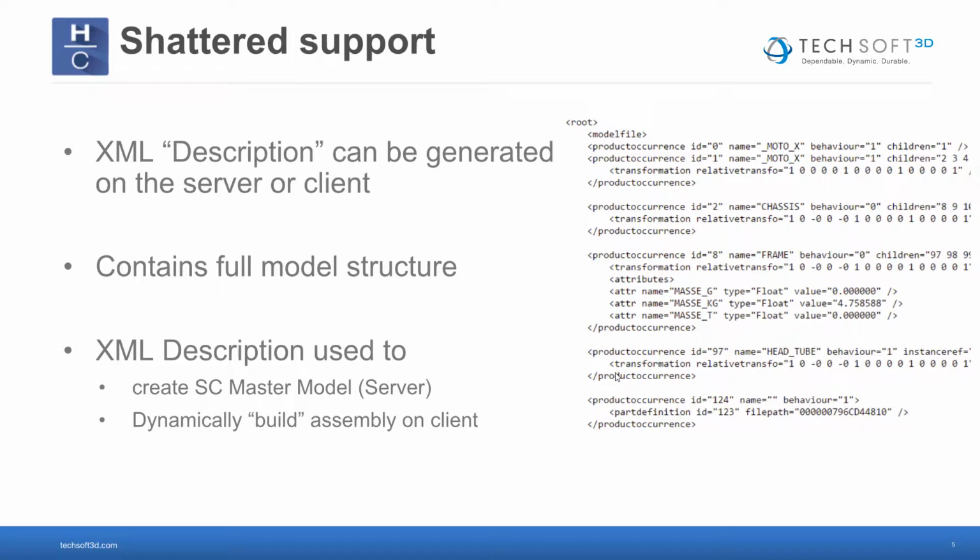There are some things that we have to think about when we're working in a shattered mode. So, for example, we have to make sure that all of these models that we need for our shattered mode are available to our viewer. So instead of working with just one SC file, we could be working with 10, 100, or 1,000.